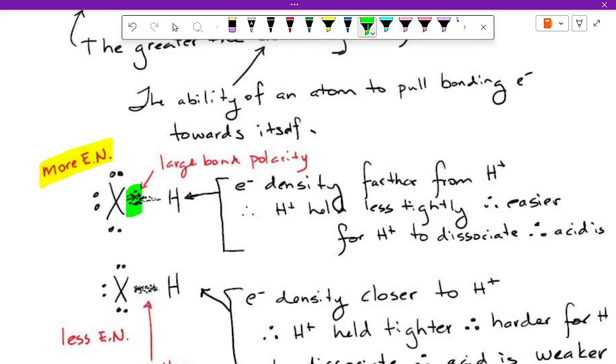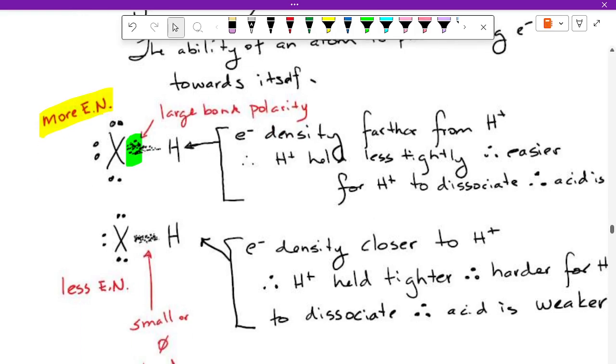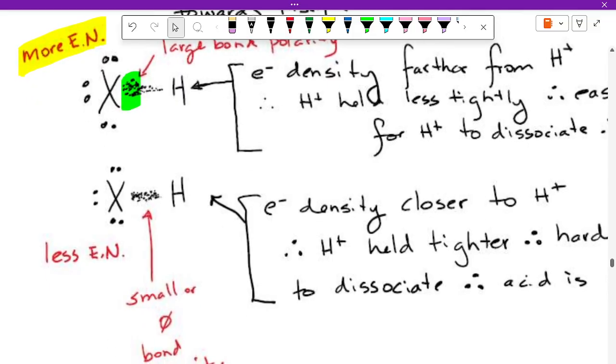Electronegativity says, how good am I at pulling electrons away from another atom within the bond? Ionization energy says, how much energy does it take to rip off one of my electrons? Now, if we have a less electronegative atom, you're going to have a more even distribution, and the electron density will be closer to the hydrogen.